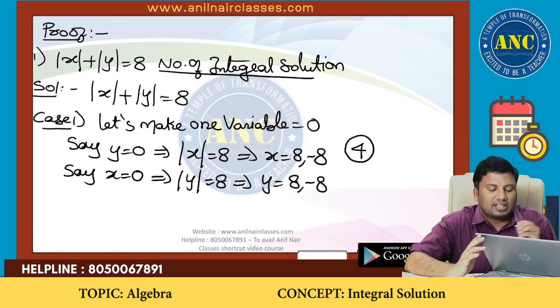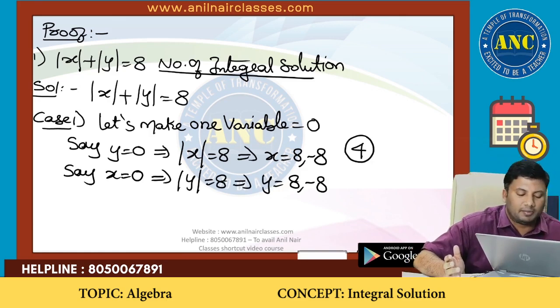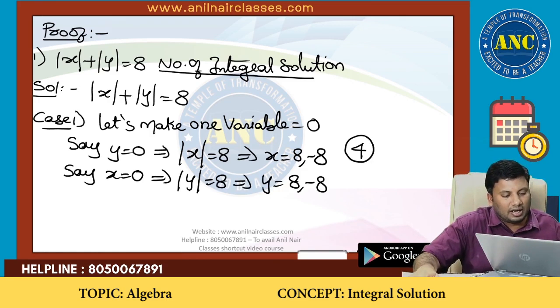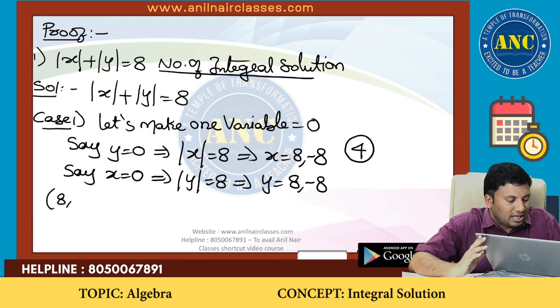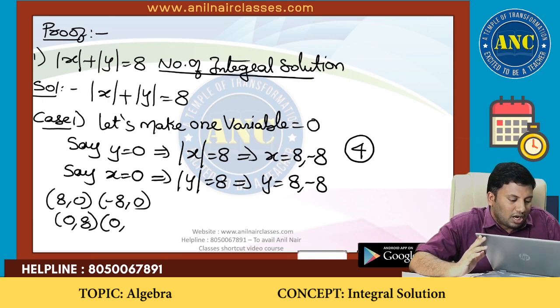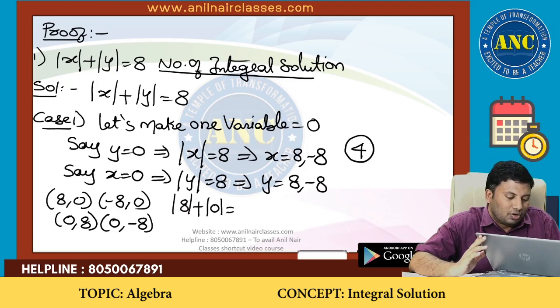Total how many cases did we get? x is 8 and minus 8, y is 8 and minus 8. What are those cases? (8, 0), (-8, 0), (0, 8), (0, -8). |8| + |0| is 8. |-8| + |0| is 8.